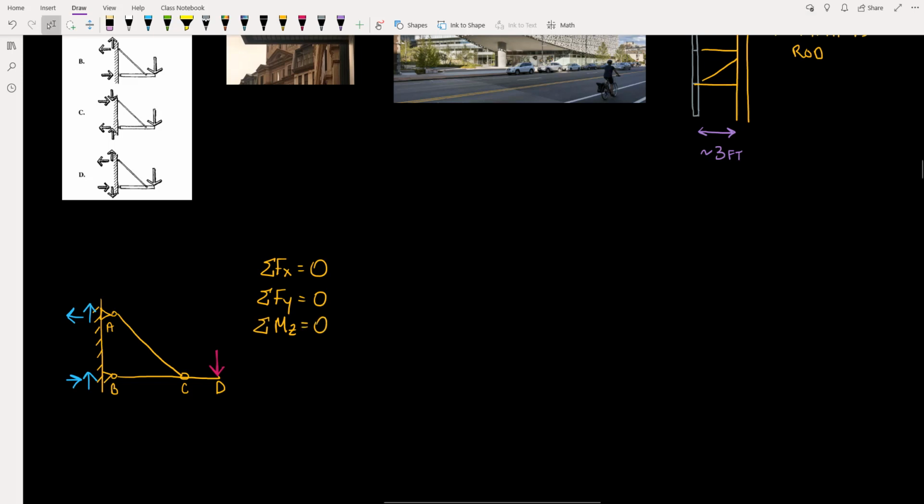Since I only have direction for these reaction forces and I don't have magnitude, the only way I'm going to be able to validate whether or not they satisfy the static equilibrium equations is if I can somehow isolate just 2 of the forces. So let's start by looking at the sum of forces in the x direction. In this example that I've set up here, this hypothesis has a force to the left and a force to the right.